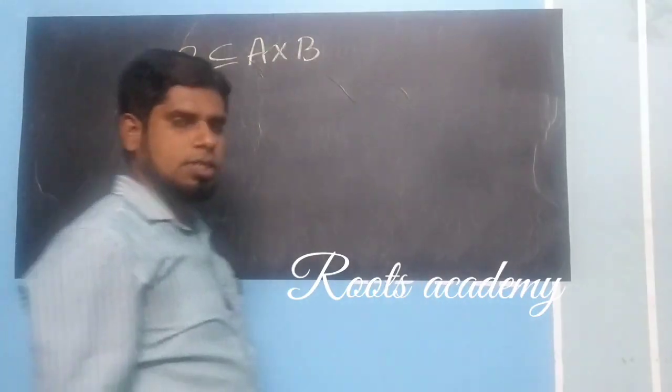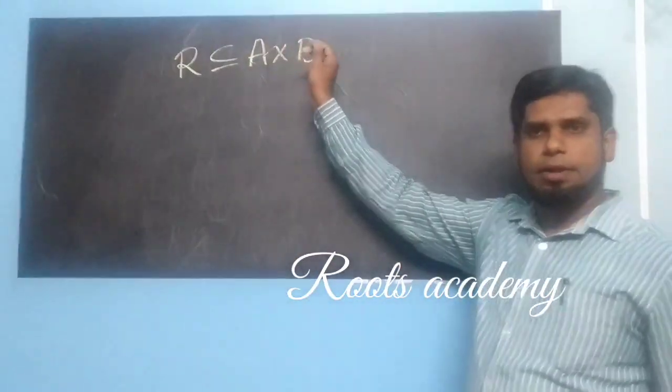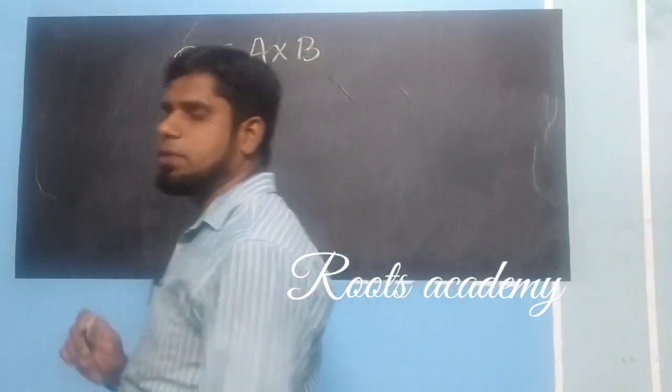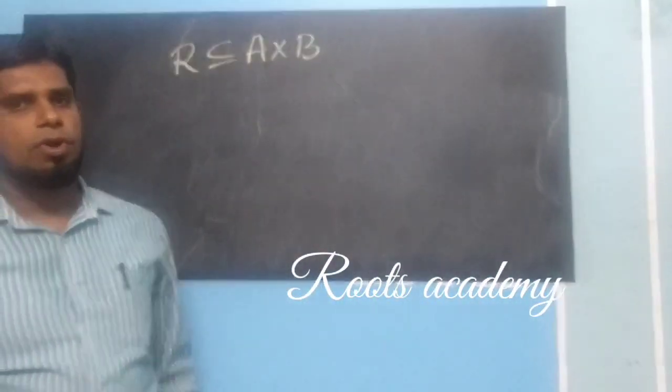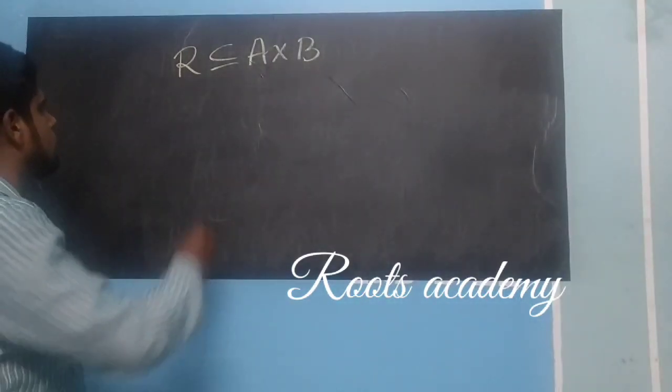If it has two sets, then we will take A cross B. If it is one set, we will take A cross A. But a relation is a subset of the Cartesian product of non-empty sets. Let us see how this is possible.